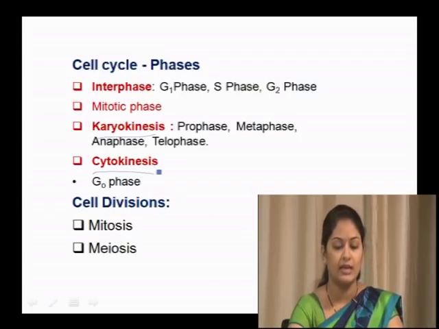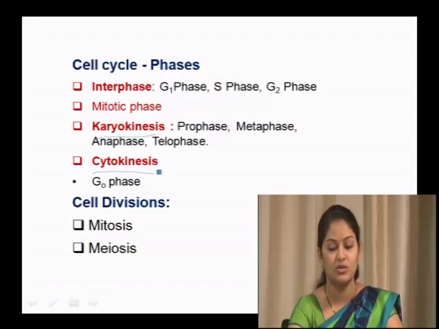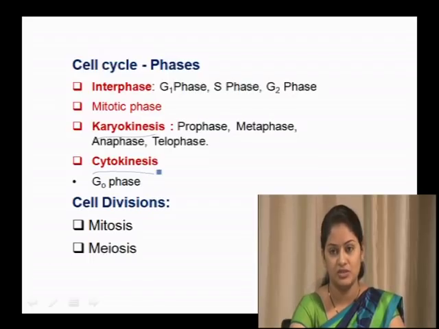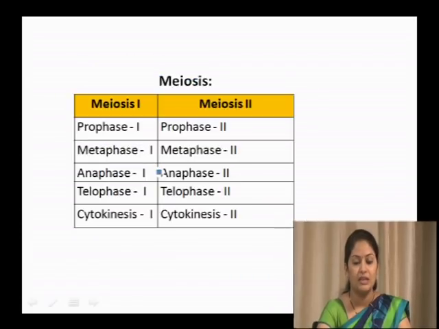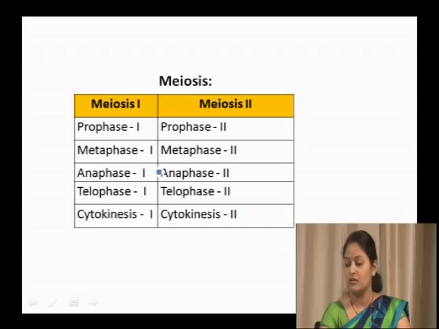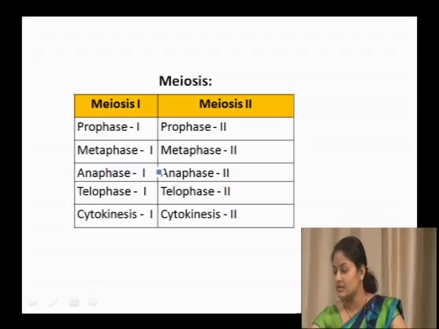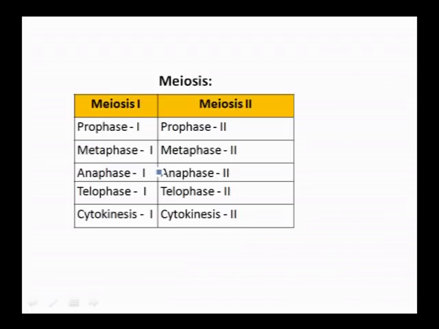Next one, types of cell divisions. So depending on different features observed there, we can classify the divisions into mitotic and meiotic division, or simply called mitosis and meiosis. Now the components under these are as follows.